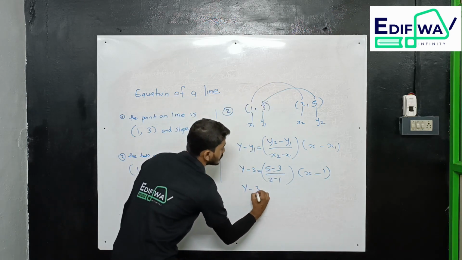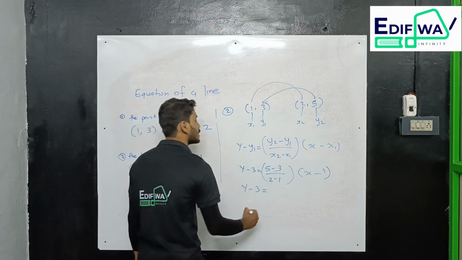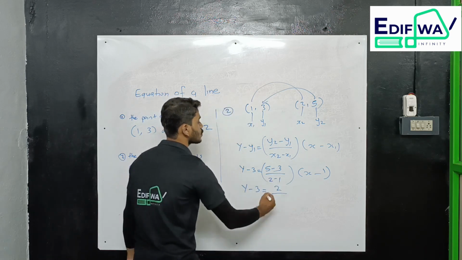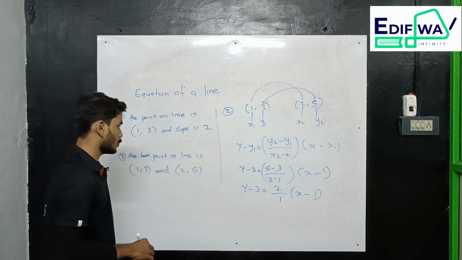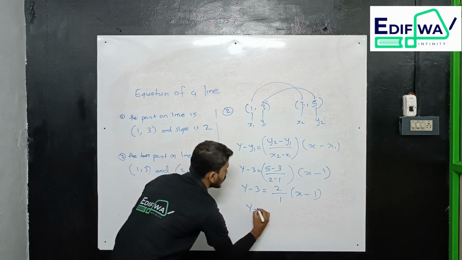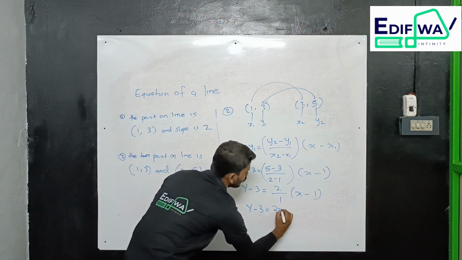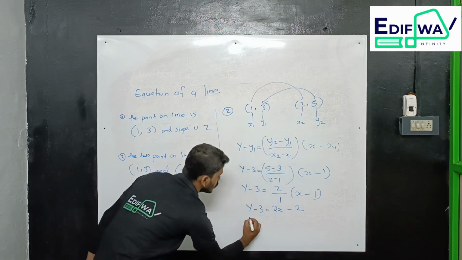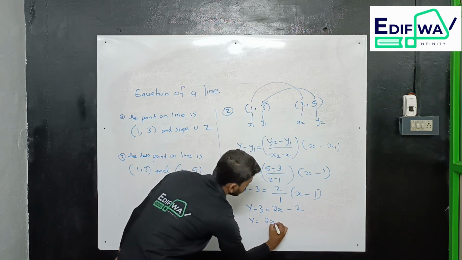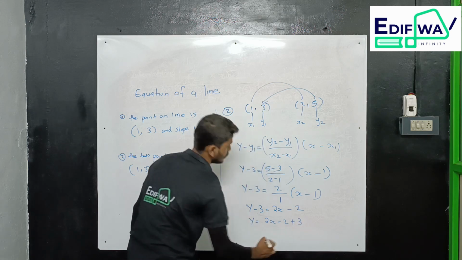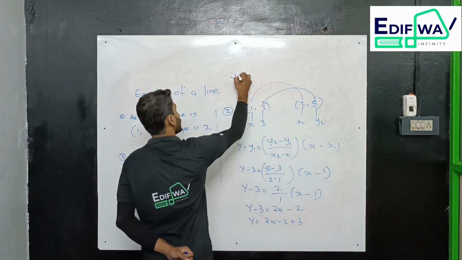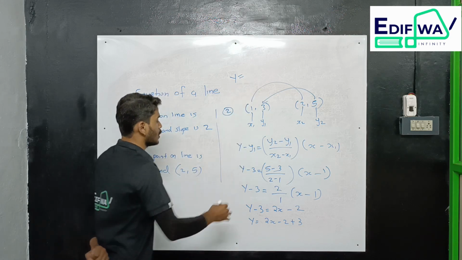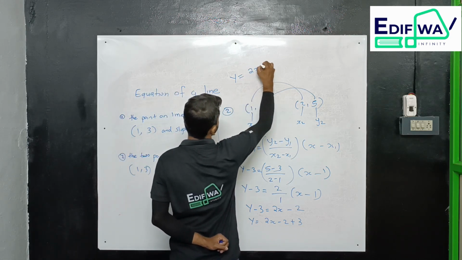So it is y minus 3 is equal to 2 by 1 into x minus 1, which is 2x minus 2. So y is equal to 2x minus 2 plus 3. So your final answer is y is equal to 2x plus 1.